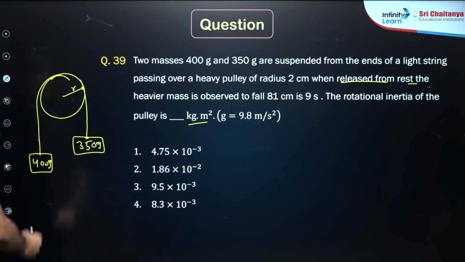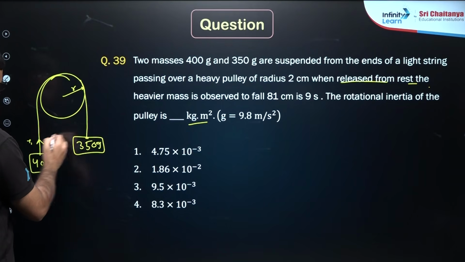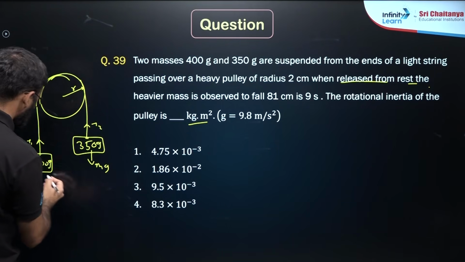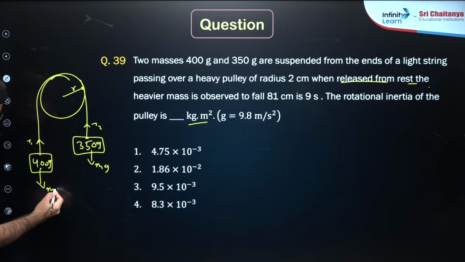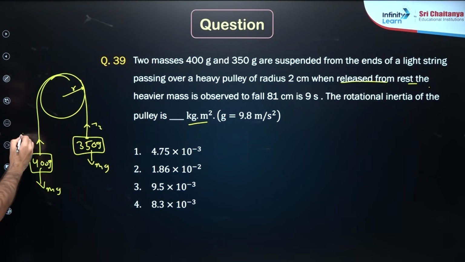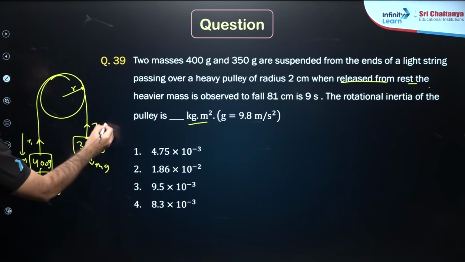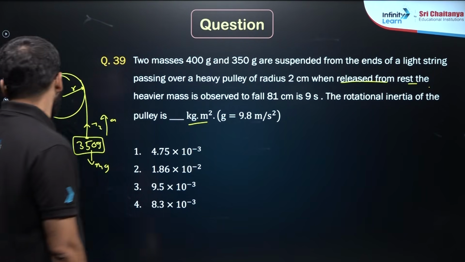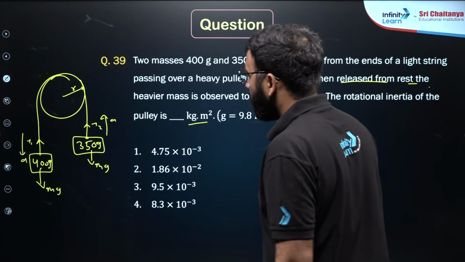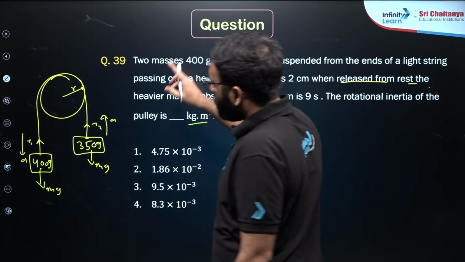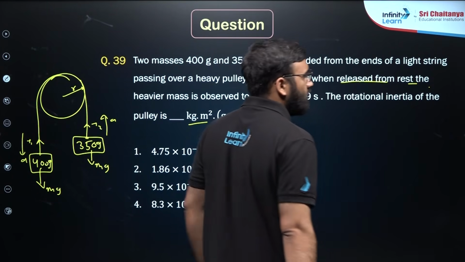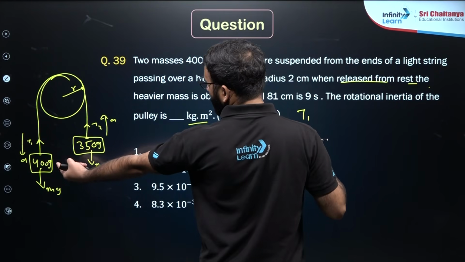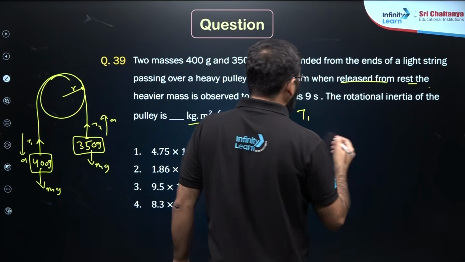Okay beta, so what is the tension in this one? T1 and T2. This is mg, and the acceleration of this one is a and this one is a. So you can write the equations here. Taking the upward direction, I am just writing here. So what is the equation? This is in gram, so we need to convert into kilogram.